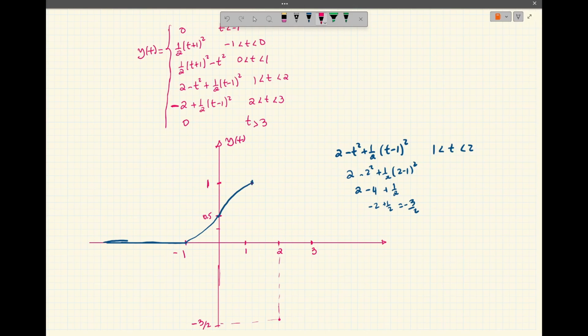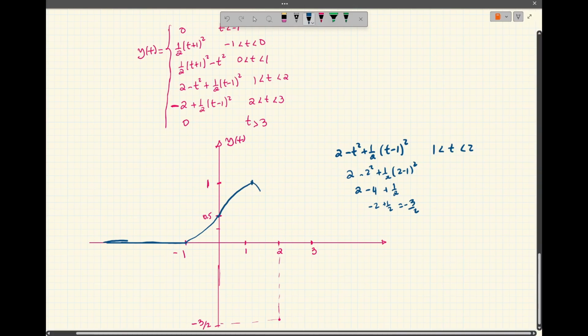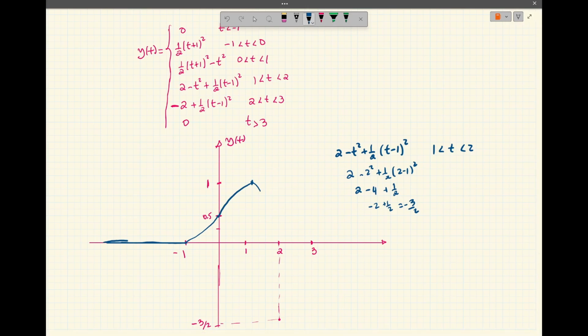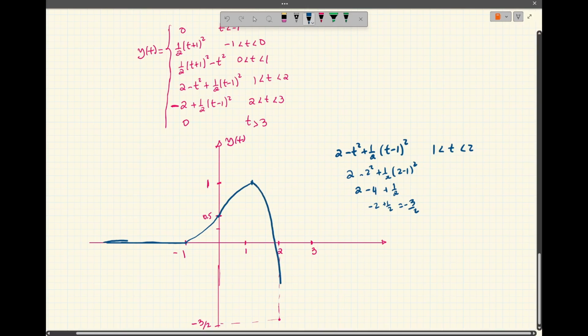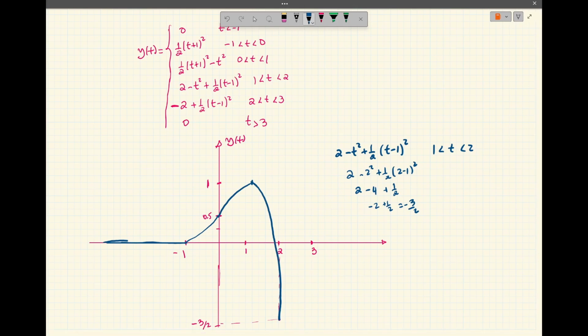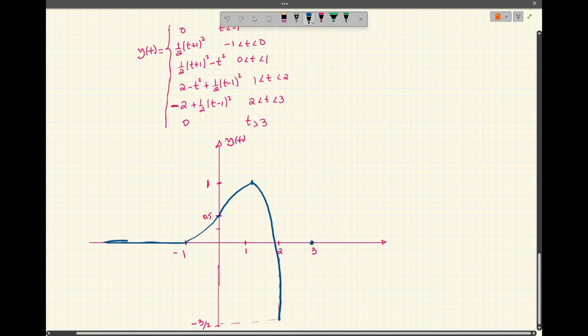Assuming it's going to be something like this. The coefficient of t squared is negative, so it's gonna curve down. So that's that one. And then the last one, we know that must be equal to 0, right? At t equal to 3 it is 0, but let's check. So -2 plus half (t minus 1) square.